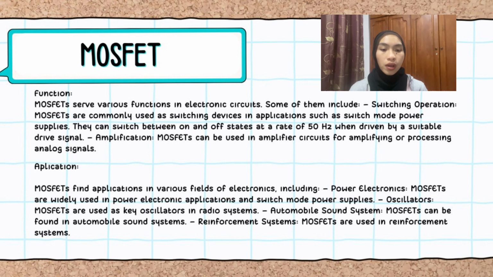Oscillators. MOSFETs are used as key oscillators in a radio system. Automobile sound system. MOSFETs can be found in automobile sound systems. Reinforcement system. MOSFETs are used in reinforcement systems.